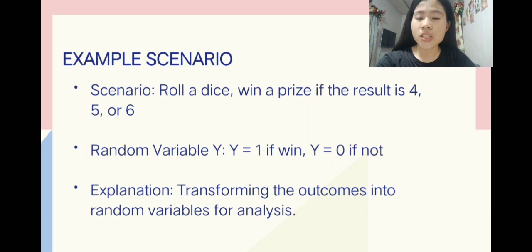Let's illustrate this with an example. Imagine we have a simple game where you roll a die, and if the result is 4, 5, or 6, you win a prize. We can define a random variable Y, where Y is equal to 1 if you win and Y is equal to 0 if you don't win.